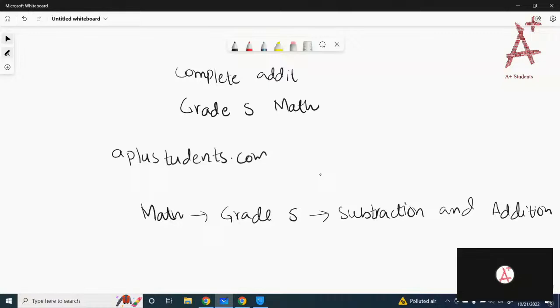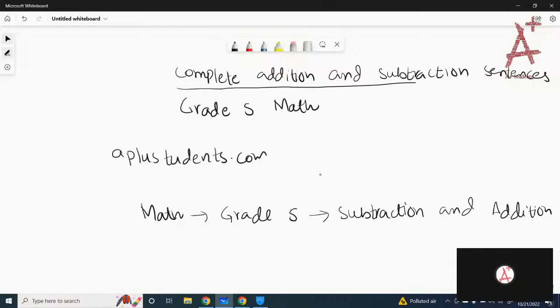Complete addition and subtraction sentences. So please make sure you have your notebook and pencil so that you can note down important points. Got it?